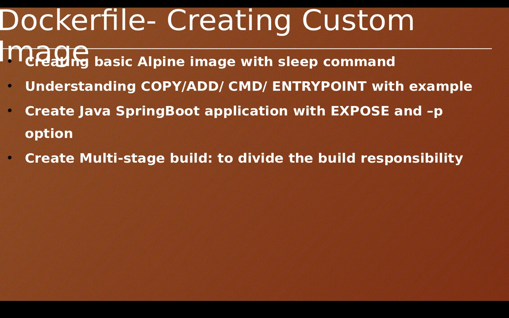But if you have a requirement where you have to build that image, then what you can do is use one FROM tag and build there, and in another FROM tag, you copy the built jar file into it. Based on that, it will create the image. The benefit of doing it like that is we are dividing the responsibility. Build responsibility is given to the first FROM, and the second FROM is only building the image.